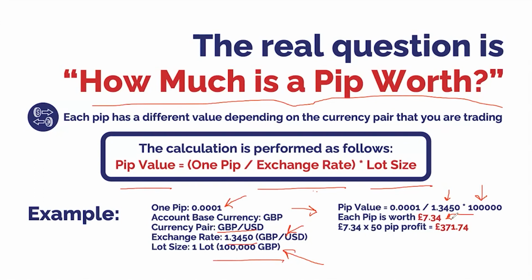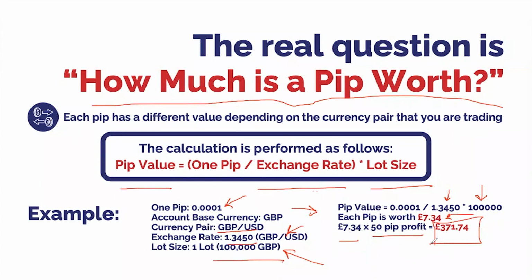Okay, so now you can start to see how you can grow a small account by using Forex, because if we take the previous slide where we made a 50 pip profit, if we times that by £7.34, then we get a grand total of £371.74. So on this particular day, using GBPUSD, if we had a trade that made 50 pips at that exchange rate, we'd be sitting on £371.74 of profit.